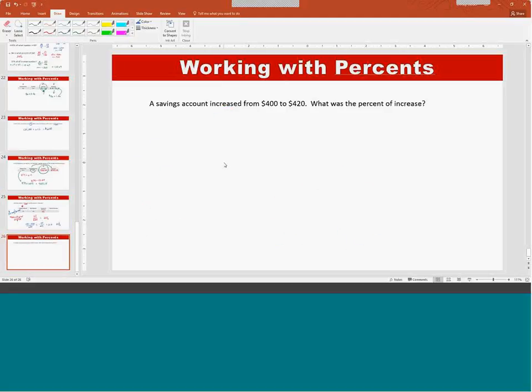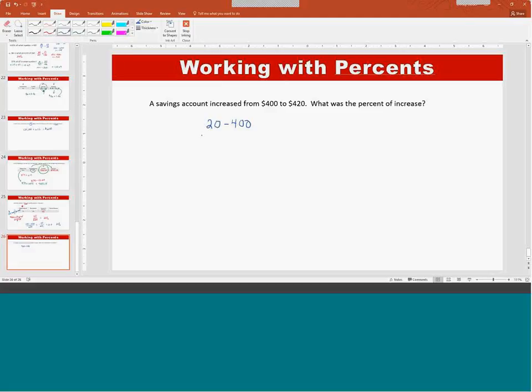Let's look at the last problem here. Here's another percent of increase, and I'm going to use that same formula of the original and the new. A savings account increased from $400 to $420. What was the percent of increase? So I'm going to take the new amount, $420, and subtract the old amount, $400. That's not a 7, that's a 4.